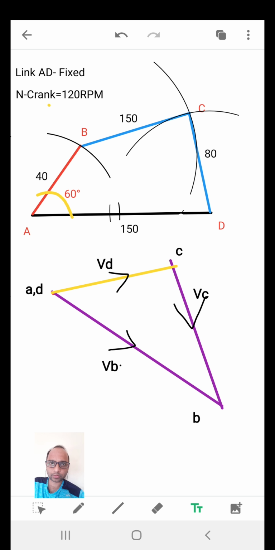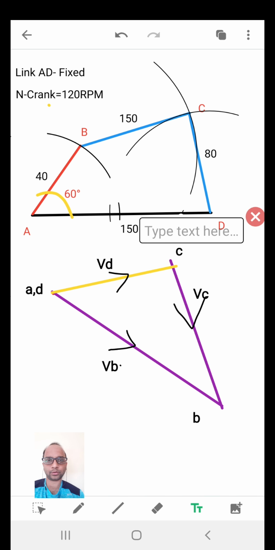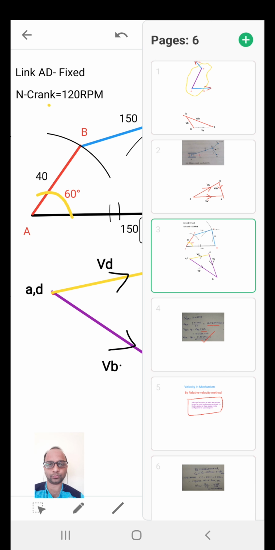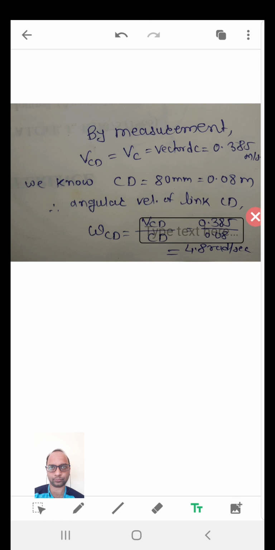To calculate the velocity of CD, we have to measure the vector CD, and by measurement VCD equals vector CD equals 0.385 meter per second.